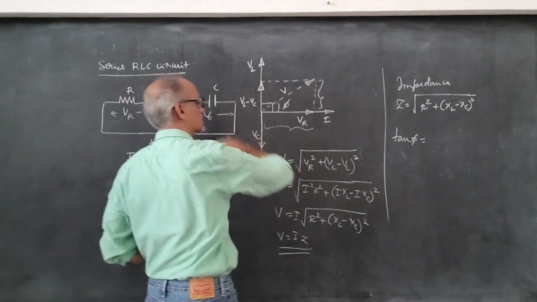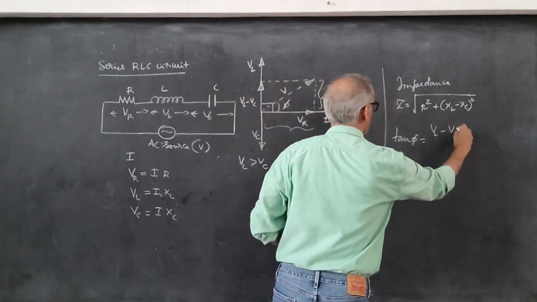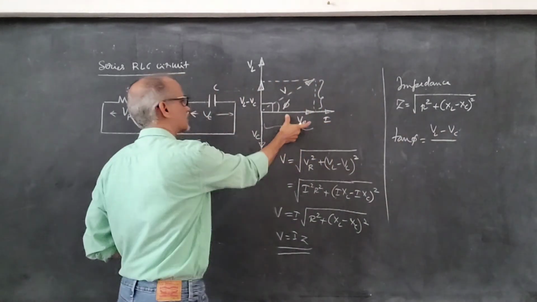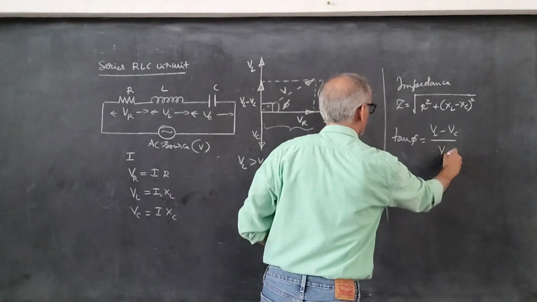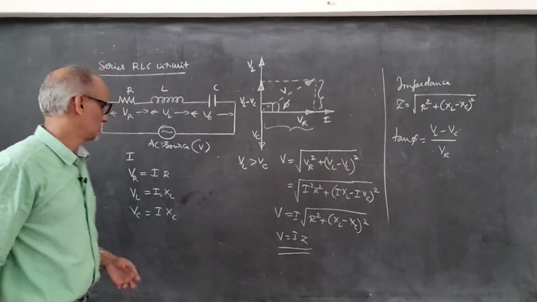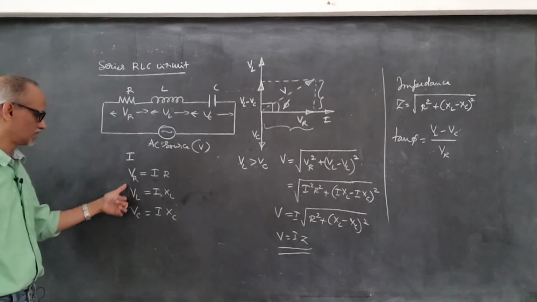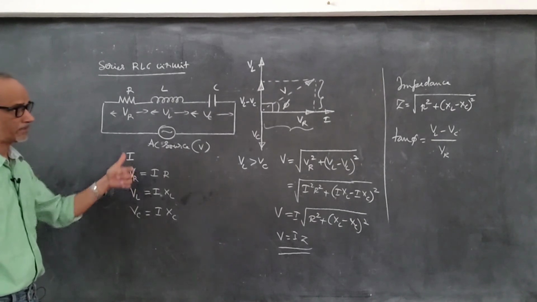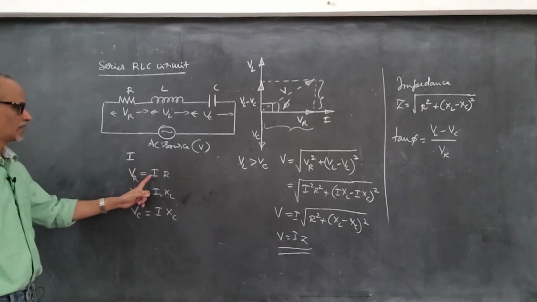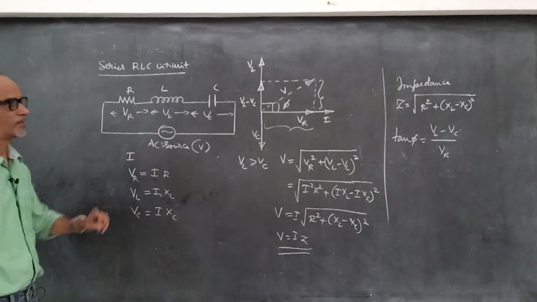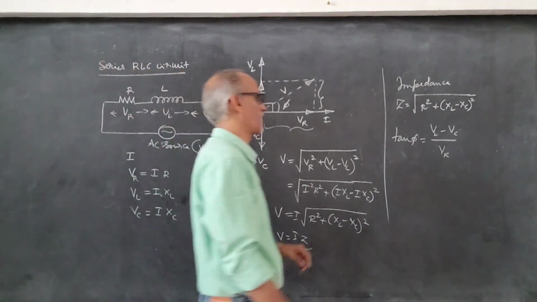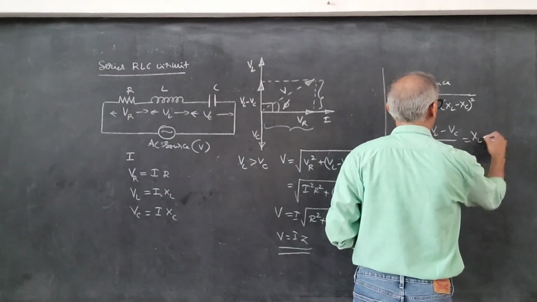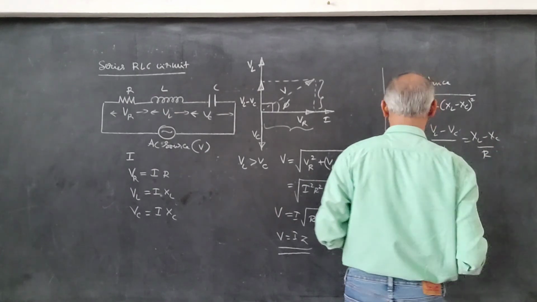Opposite is VL minus VC, adjacent is VR. If you substitute the voltages, I is common to numerator and denominator and cancels, giving XL minus XC by R.